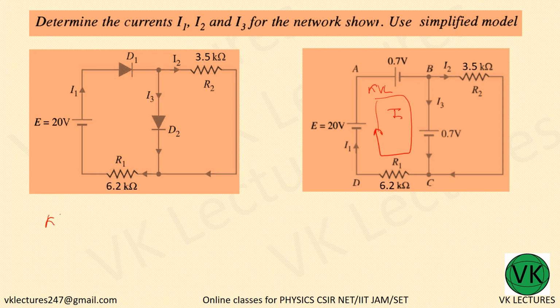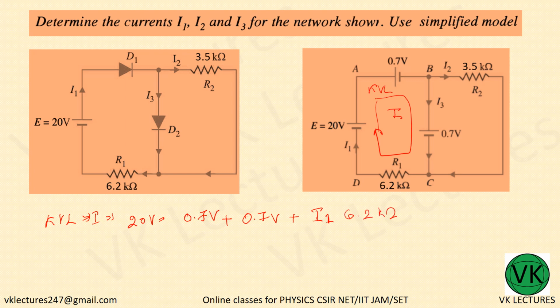Applying KVL to the first loop, we have 20 volt is equal to 0.7 volt plus 0.7 volt plus I into 6.2 kilo. I don't know what the current I is, so that will be the current I1, because I1 is moving through that.